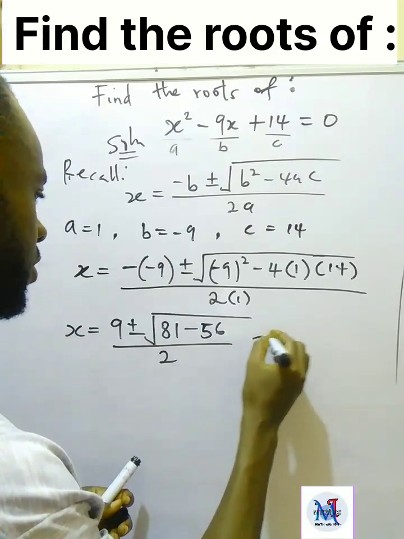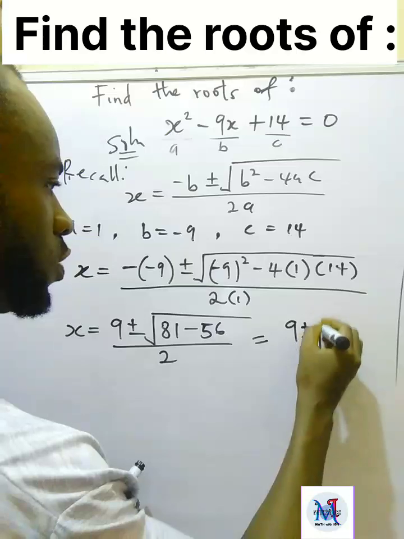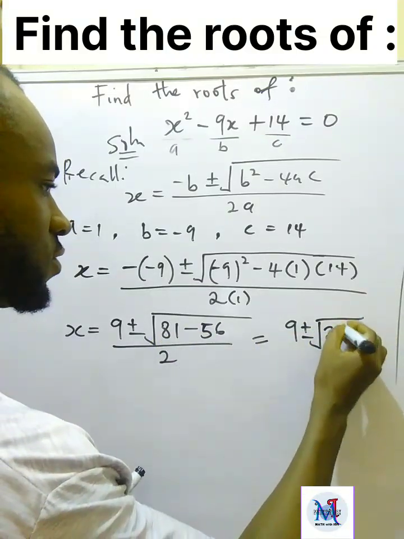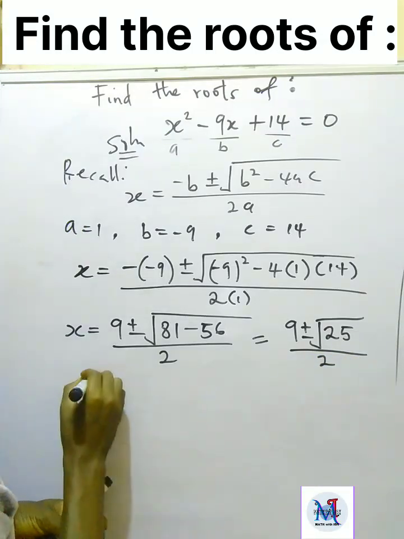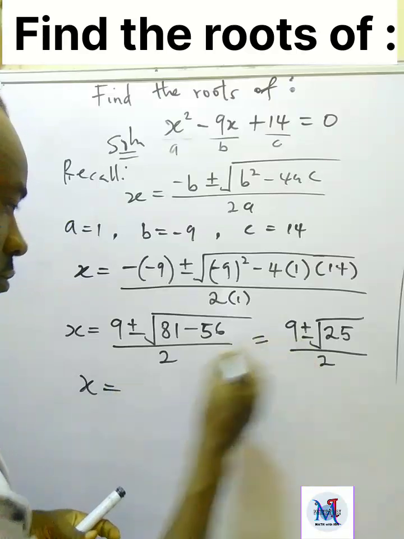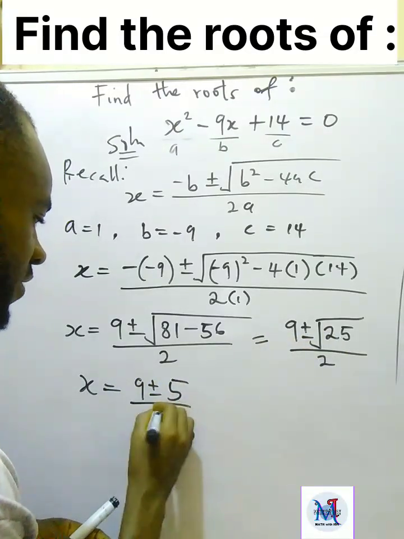Okay, so from here we're going to have 9 plus or minus square root of 81 minus 56, that gives us 25, all over 2. Okay, so our next step, we know that the square root of 25 is 5, all over 2.